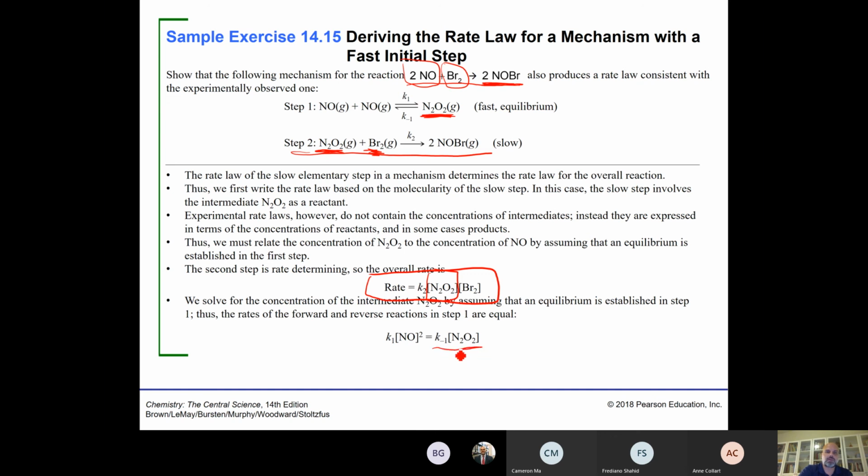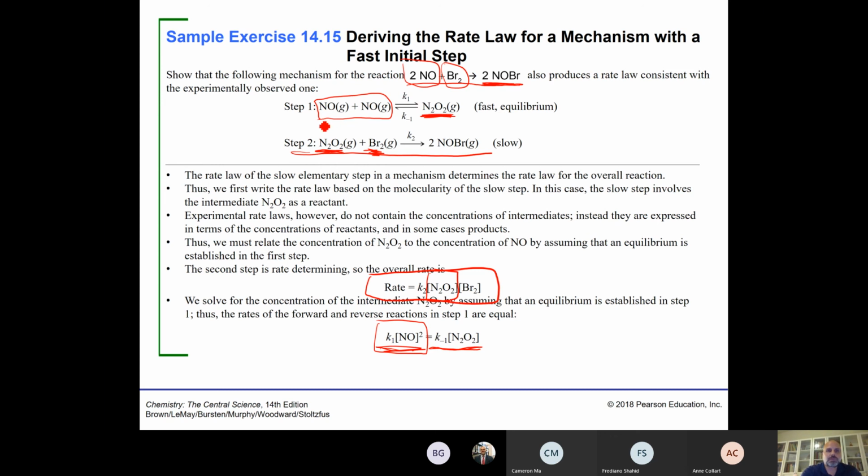N2O2 is formed in the first step, and that formation has a rate. K minus 1 is the rate at which N2O2 is consumed in the first step, going in the opposite direction, but it's equal to the reaction between the two NO molecules. Those two NO molecules react, and they give us a rate of K1 times the concentration of NO squared.